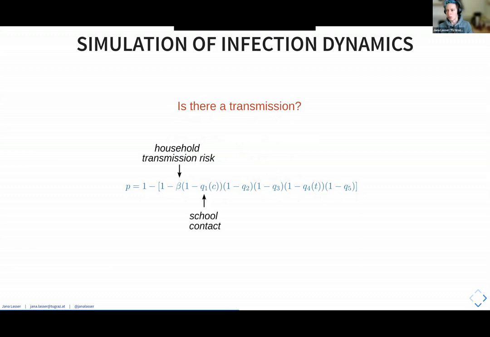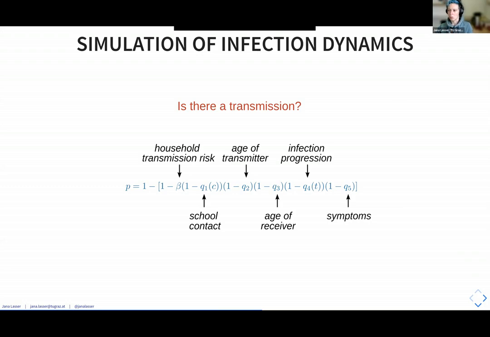We have a modification, a reduction of transmission risk due to a contact being a school contact. We assume that it's likely to have a lower transmission risk than a household contact. Then we modify the transmission risk based on the age of the transmitting agent and the age of the agent being infected. And then we have a modification due to infection progression.